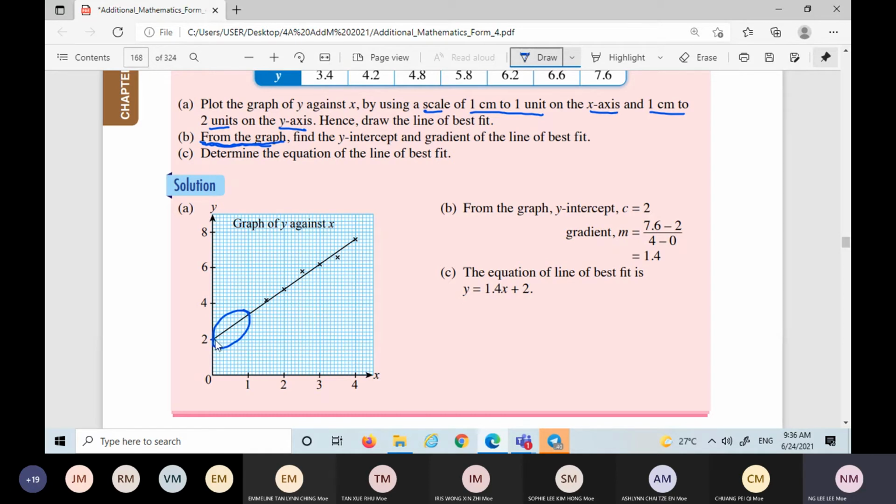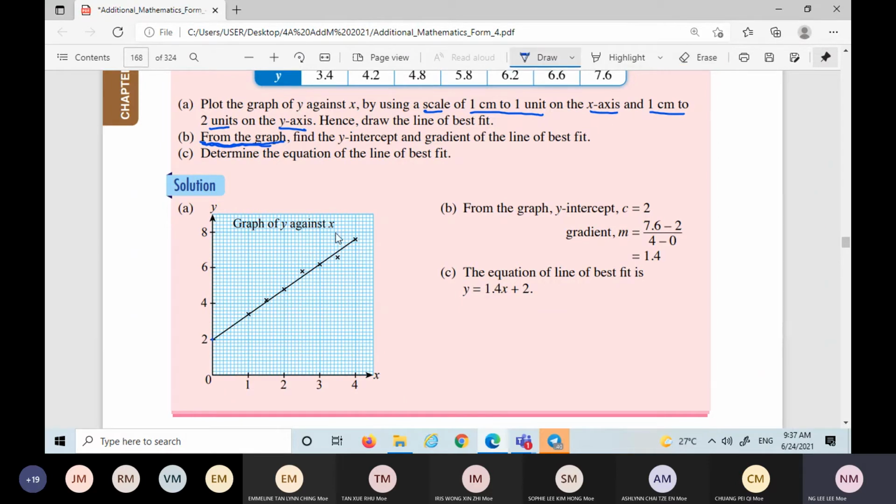You read it from the graph, you get 2, not by using y equals mx plus c. The gradient is the same: you take 2 points that fall on the line, and the 2 points must be as far apart as you can. So normally we take the first and the last point.